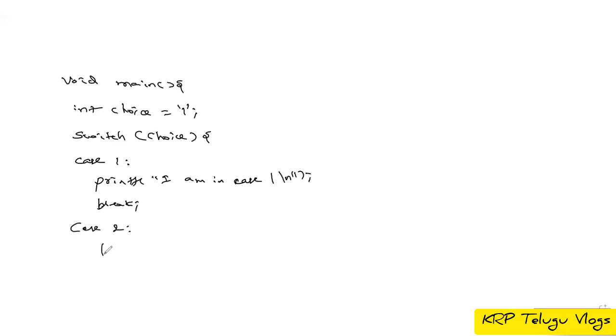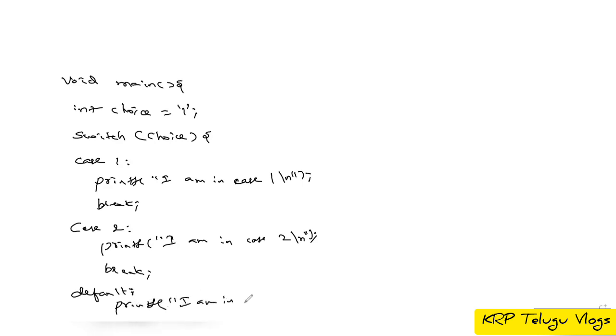Case 2: printf "I'm in case 2", break. Default: printf "I'm in default". So what will it print now here?